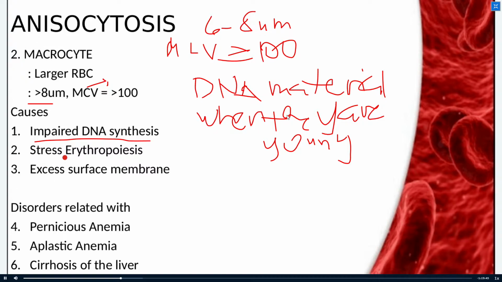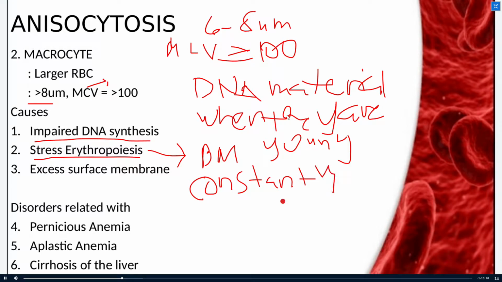Another one would be stress erythropoiesis. When you say stress erythropoiesis, class, your bone marrow constantly produces RBCs. Class, I have a question.